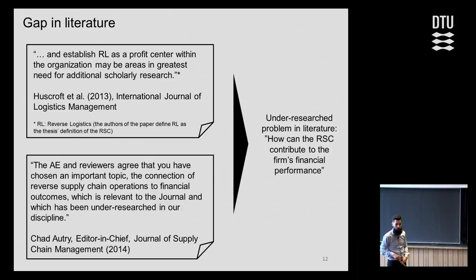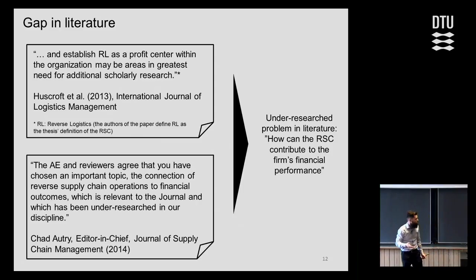The second was an email written to me by the editor-in-chief of the Journal of Supply Chain Management, who says that the connection between reverse supply chain and financial outcome is under-researched and relevant to research. So I've deduced from these two statements, and also other papers, that the under-researched problem in literature is how the reverse supply chain can contribute to the financial performance of the firm.